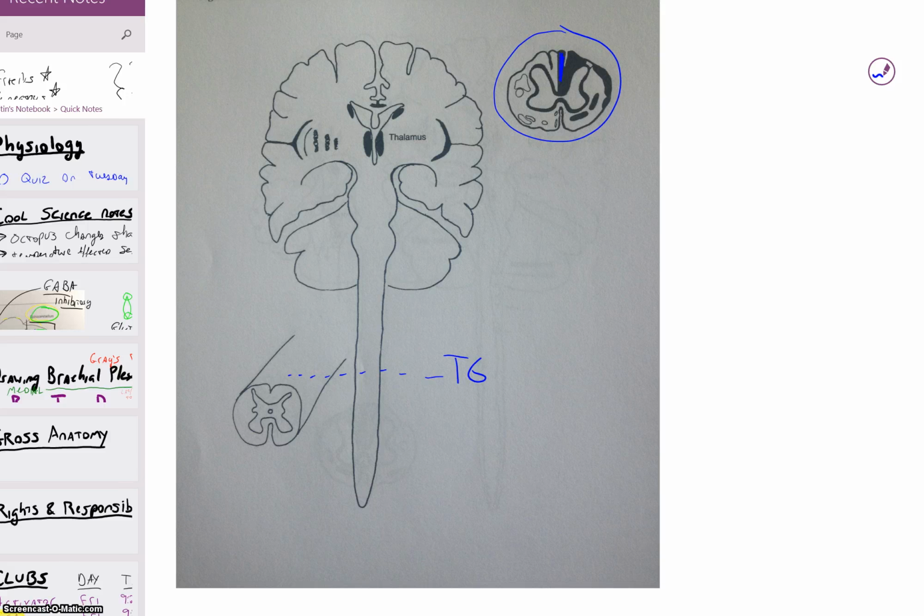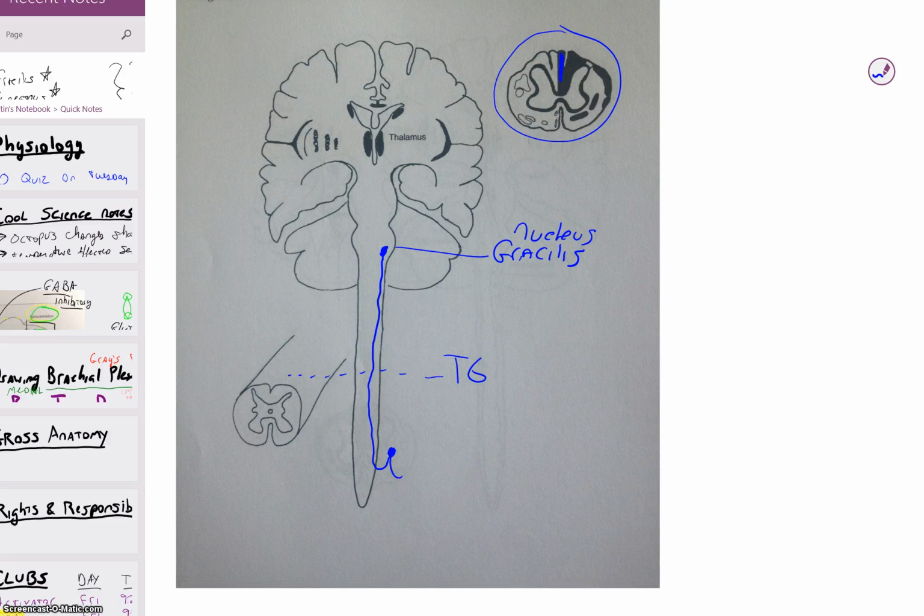So the Gracilis is coming down here. It's got its cell body on the outside. It's ipsilateral, so it continues going up. And then right here, there's a little synapse. And that is the nucleus gracilis.